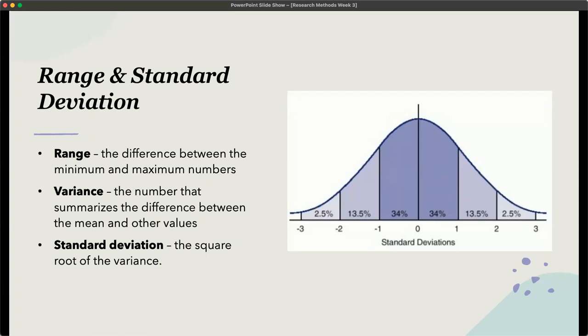So we used to have to calculate the standard deviation by hand. You're able to do this in JASP. We'll have a look at reporting descriptive statistics in JASP, and you can see that the standard deviation is going to be calculated for you. And so again, if it is above the mean, we've got these positive standard deviations. Below the mean, we've got the negative standard deviations.